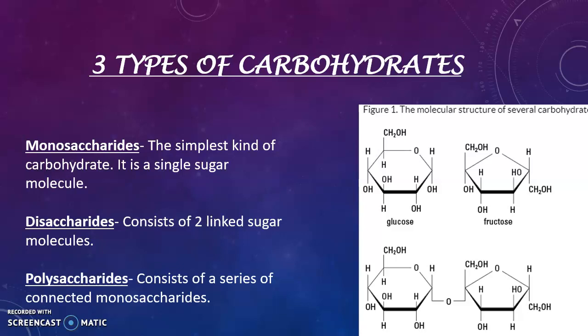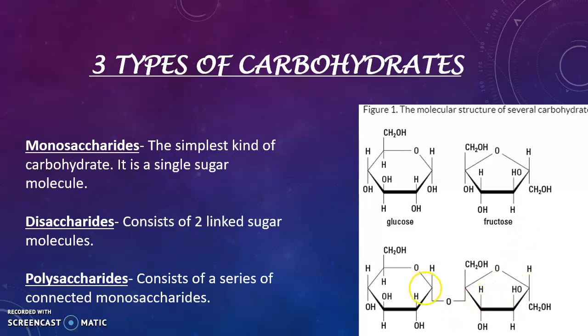One example of a monosaccharide would be fructose or glucose, which is shown here in the picture. An example of a disaccharide would be sucrose, and an example of a polysaccharide would be starch or glycogen.